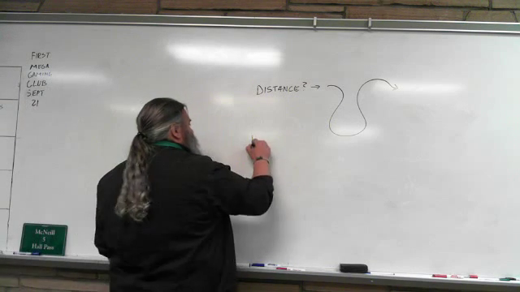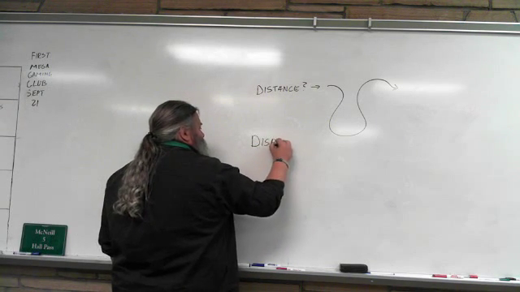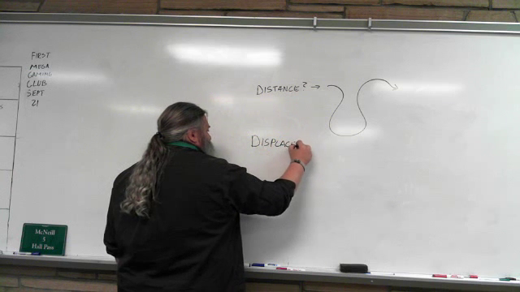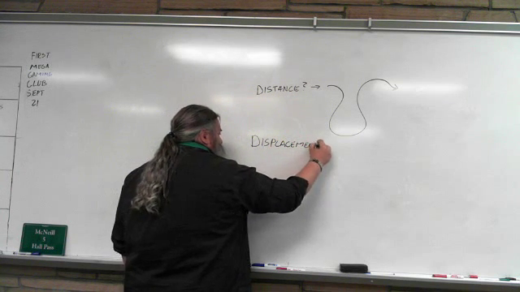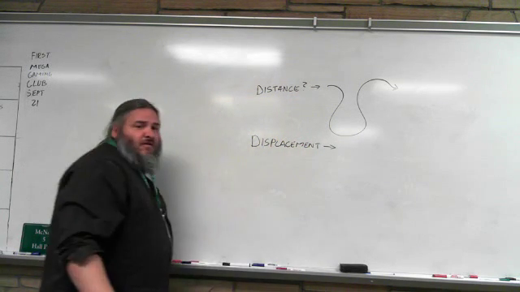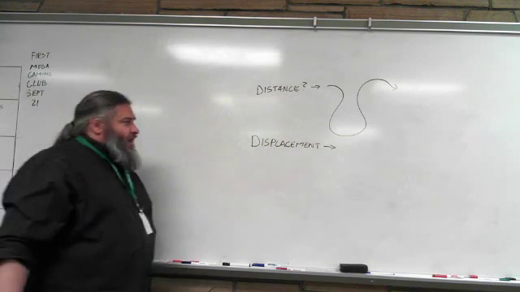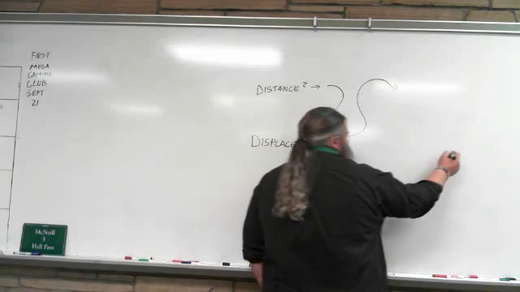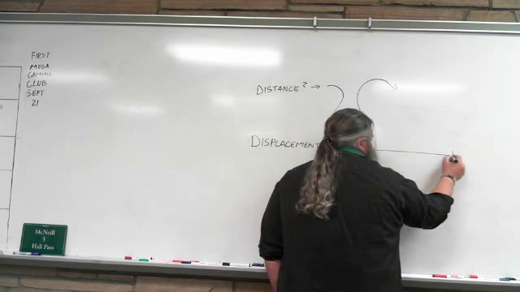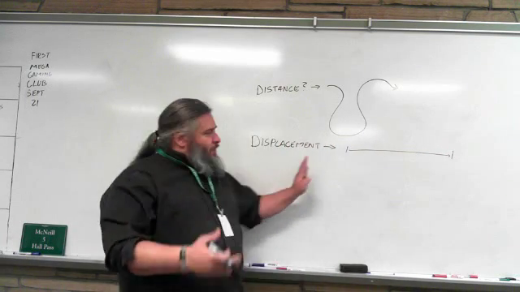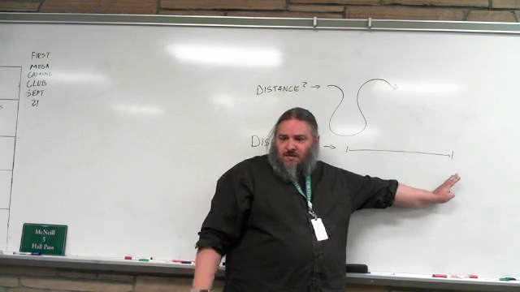The second term, displacement. So displacement is what you guys are talking about. When I'm talking about starting and final position, the object's displacement is that space in between the two. Okay?